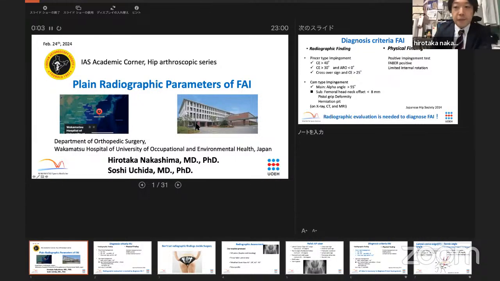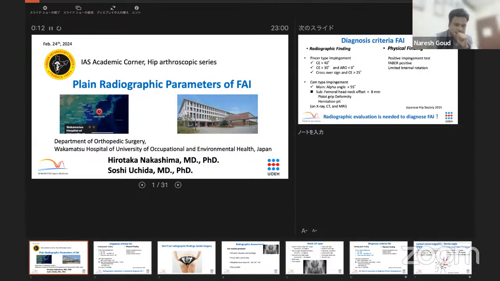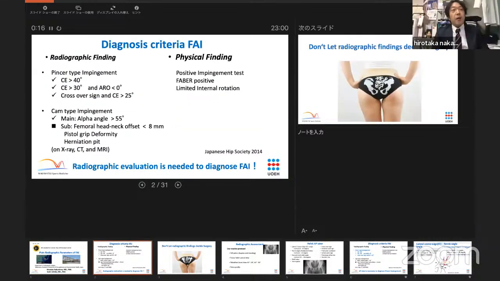Thank you for giving me this opportunity. My talk is plain radiographic parameters of FAI. I have nothing to disclose. This slide shows the diagnosis criteria of FAI in the Japanese Hip Society.